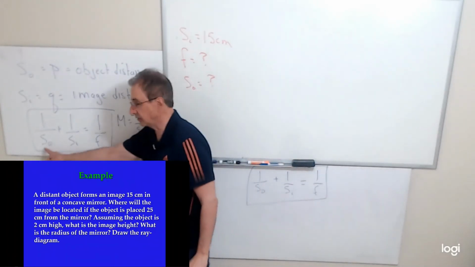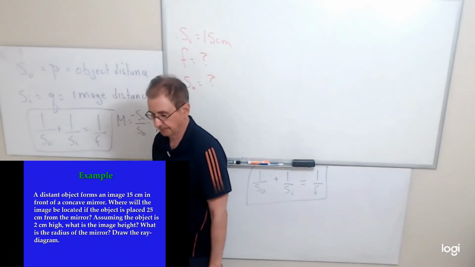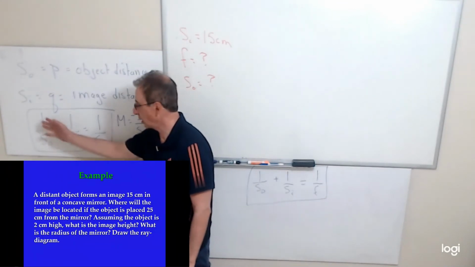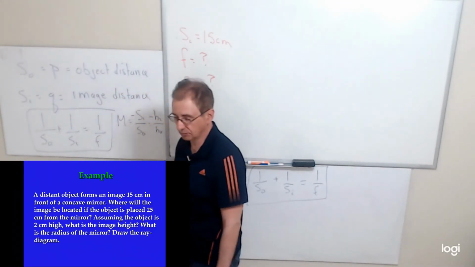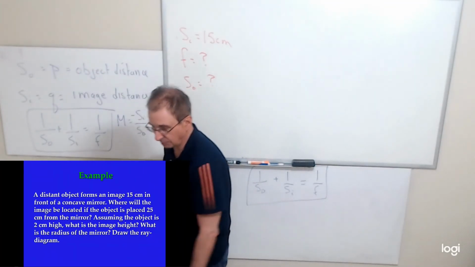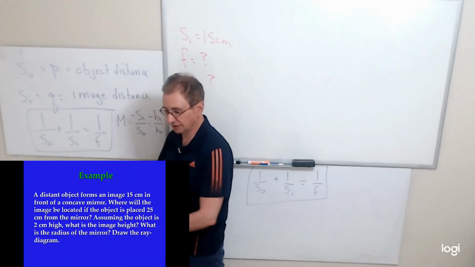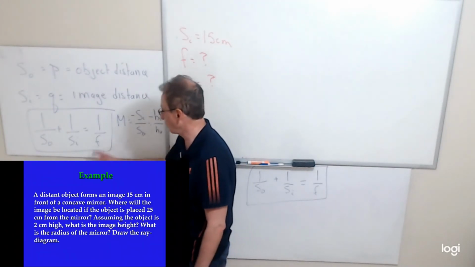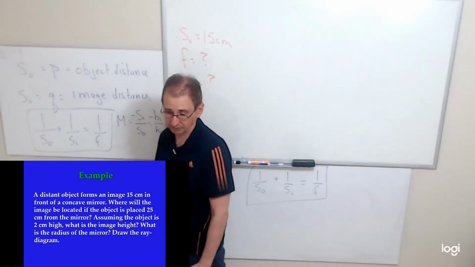This is a very big number in the denominator. What is 1 over a very big number? It's about 0. In the lab that you're going to be doing, you're going to be using the distant object method to measure the focal length of a mirror and a lens.